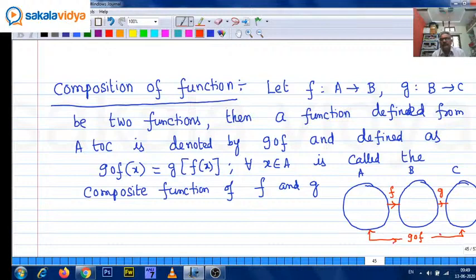Suppose this is x, this will be y, this will be z. So we can write z equals g of y, equals g of f of x. This is nothing but g circle f of x.